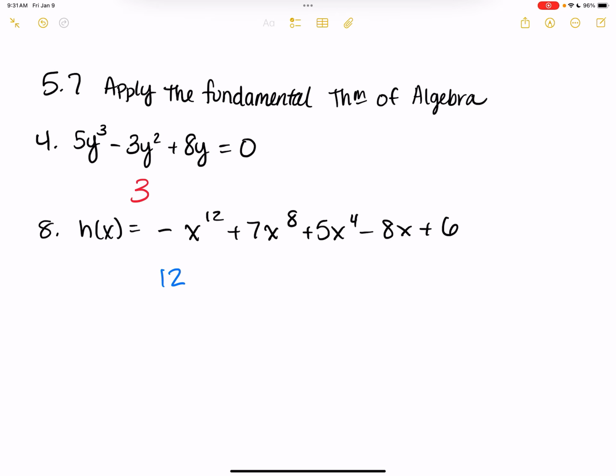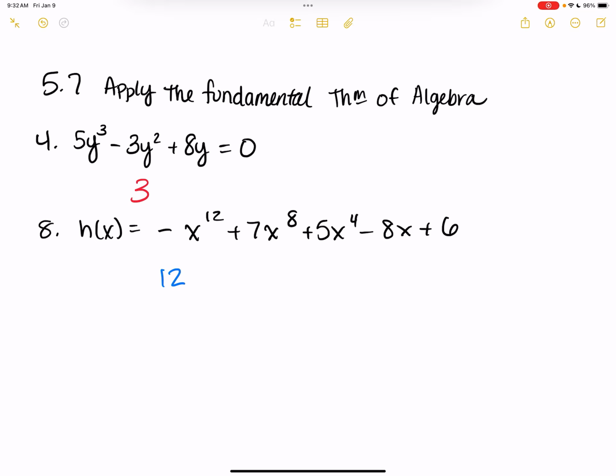All right, so up to this section, we've been finding either all possible zeros or all real zeros. Now we're finding all zeros. Any idea what that might mean? Like even all the negatives? Negatives are included in reals.